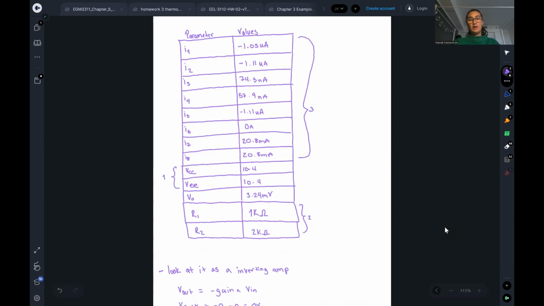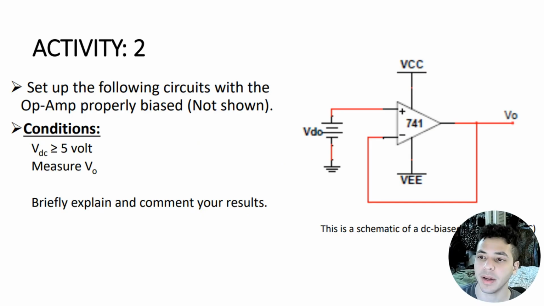So basically, here in activity 2, I'm asked to create a properly biased circuit, as you can see on the screen, with a voltage DC greater than or equal to 5 volts, and measure the V0, or in this case the output of the circuit.